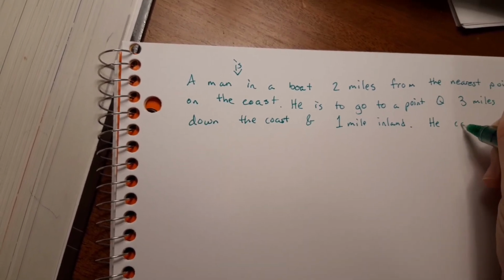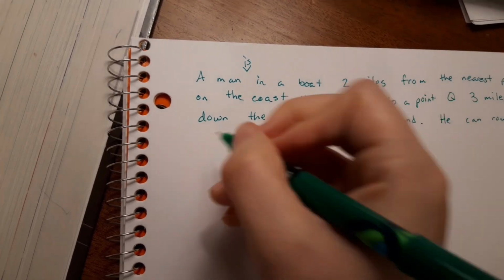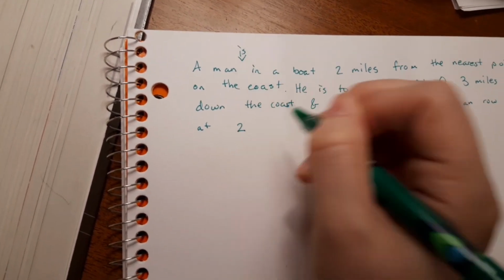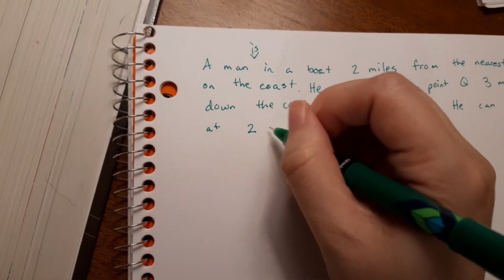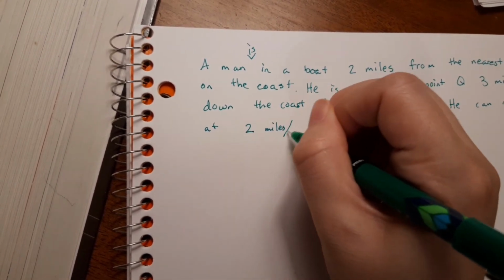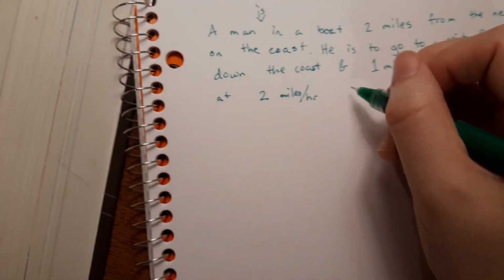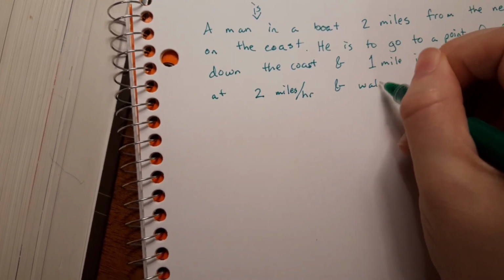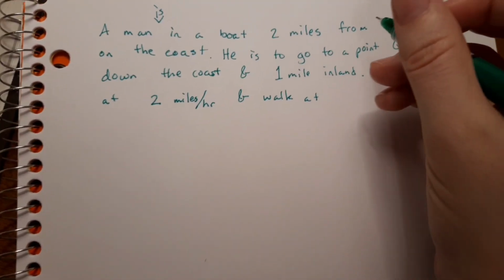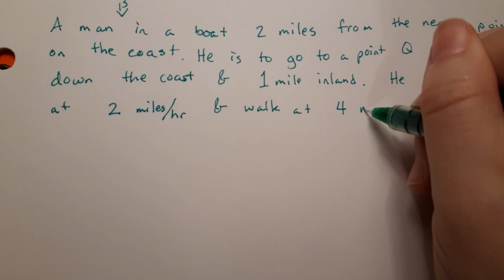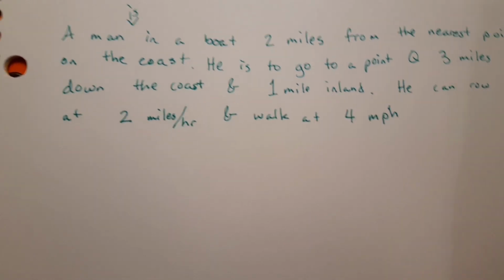He can row at 2 miles per hour and walk at 4 miles per hour.